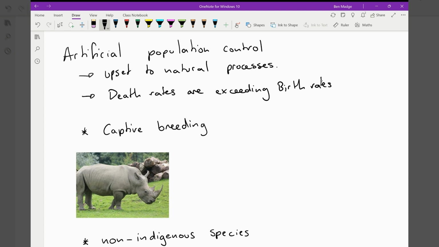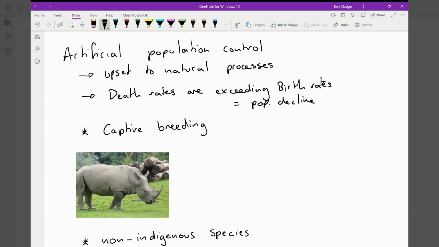And this will obviously result in a population decline. And if there's been an upset to natural processes, then humanity might need to step in and fulfill some of the roles that would normally be undertaken by a fully functioning community of species.